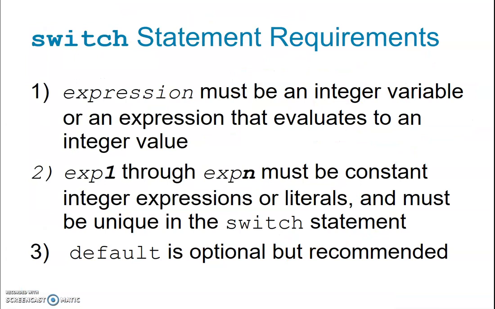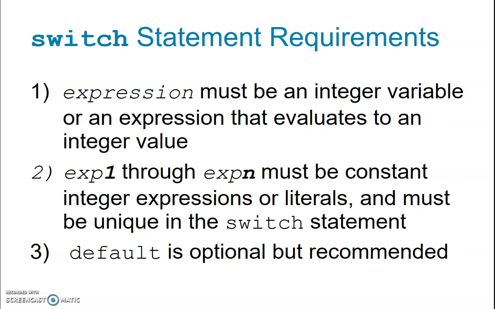So the expression must be an integer value or something that evaluates to be an integer. It could be a test, like a Boolean expression does give me a 0 or 1 as an integer. And expression 1 through expression n must be a constant integer expression or some sort of constant literal, but it still has to evaluate to a number.